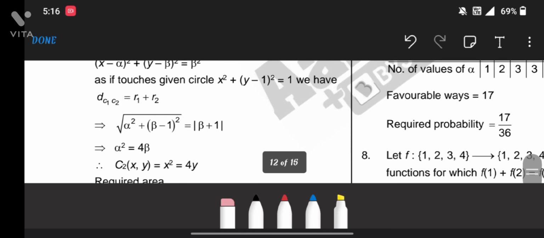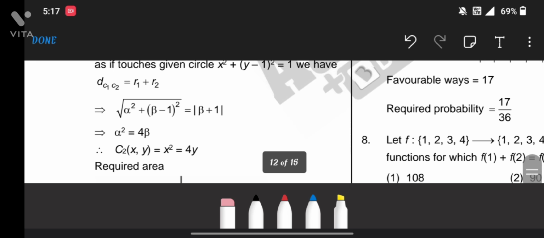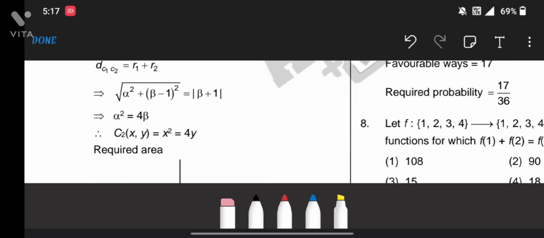Now I'll erase this. Okay, 32 by 3 we get. Option first is 64 by 3, it is not, so option B, 32 by 3, is the answer for question number 5.